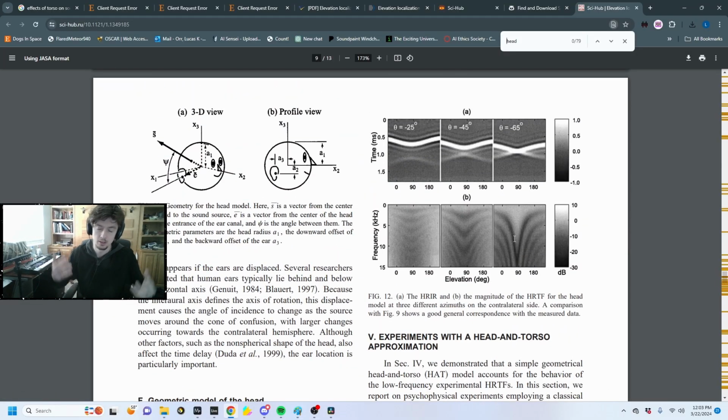If you're hearing something from below you, the sound wave is going to impact and then reflect off of your torso, and certain frequencies will get absorbed and attenuated based on the shape and size of your torso and the material of your clothes, I guess. And then it'll go to your ears afterwards.